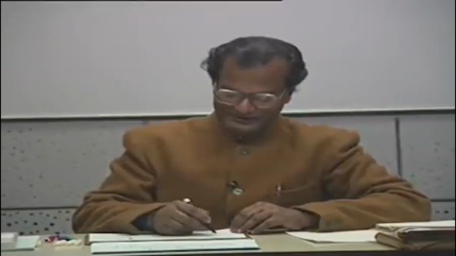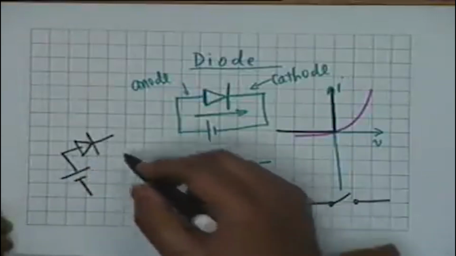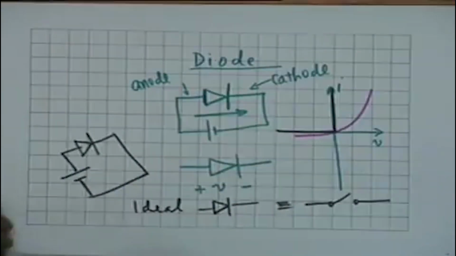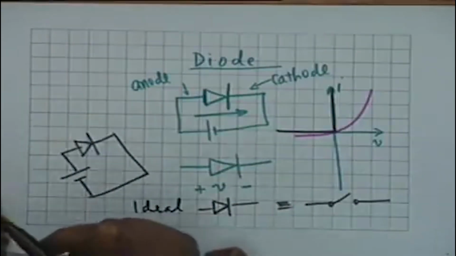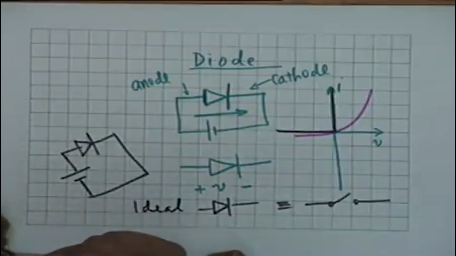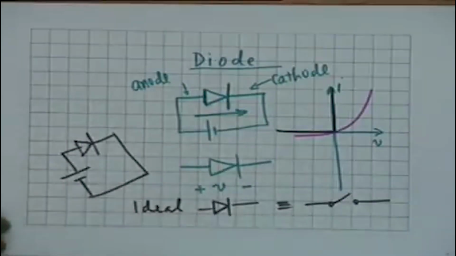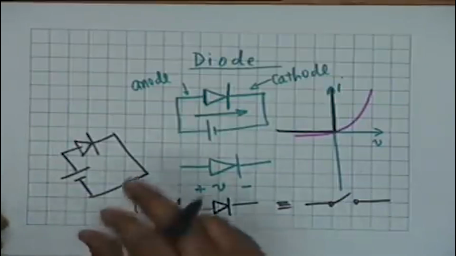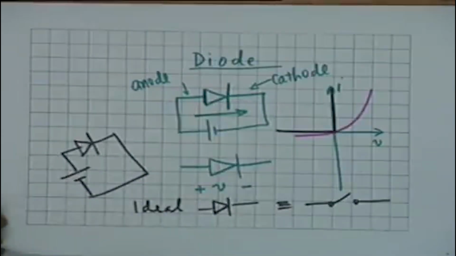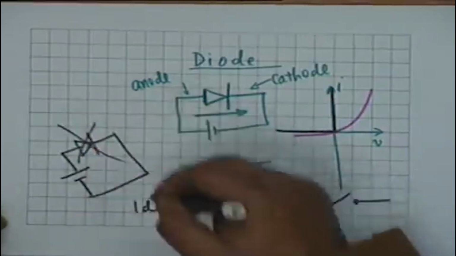Suppose an ideal diode is connected like this, then the current in this circuit shall be infinite. So, the diode shall burn. And there are many diodes which are very nearly ideal, and one should never make a connection like this. A diode should never be connected across a battery directly, because even if it is not infinite, the current may be large enough to burn out the diode.